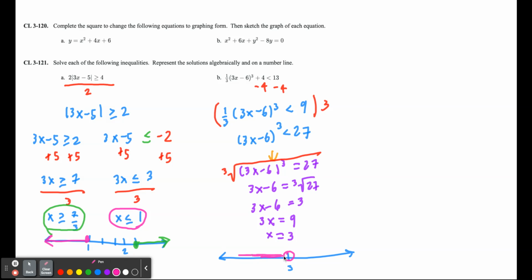So we shade over here. Right, and then if we put something like 4, then you get 12 minus 6 cubed, that's positive 216, which is not less than 27, so we do not shade. So that's the answer. Our answer is x is less than 3.